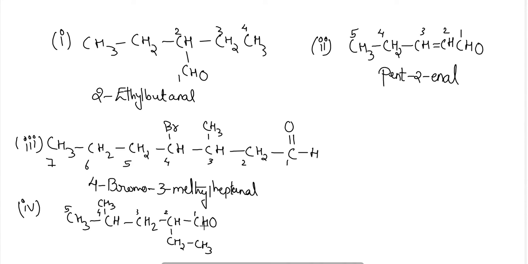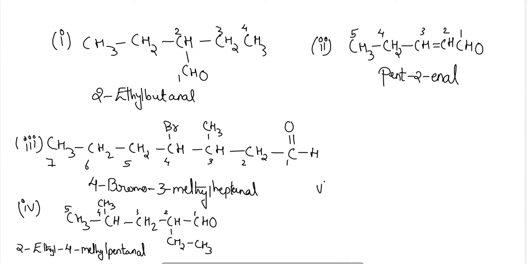Two side chains are here: one is the ethyl group and one is the methyl group. So the name of this compound will become 2-ethyl, then 4-methyl, for 5 carbon atoms pent, and al. Okay, 2-ethyl, 4-methyl pentanal.